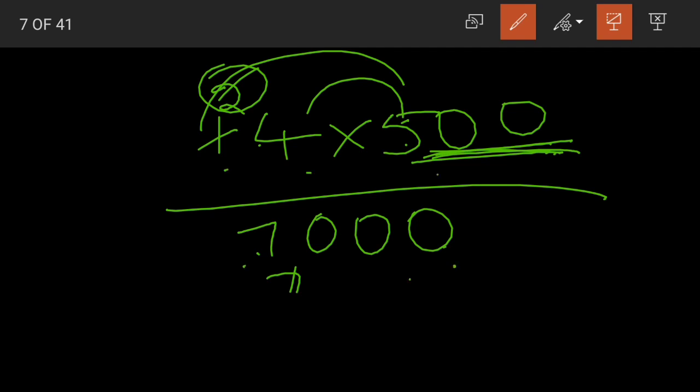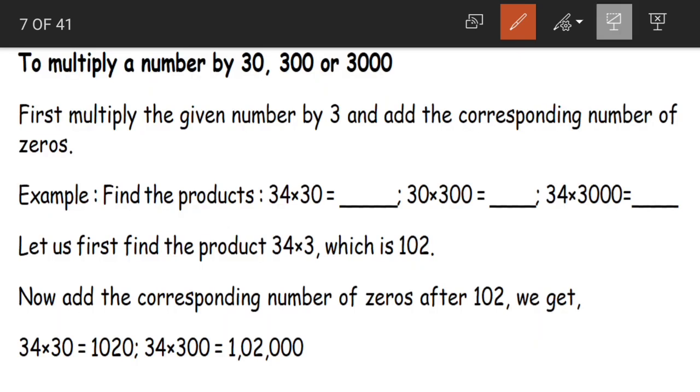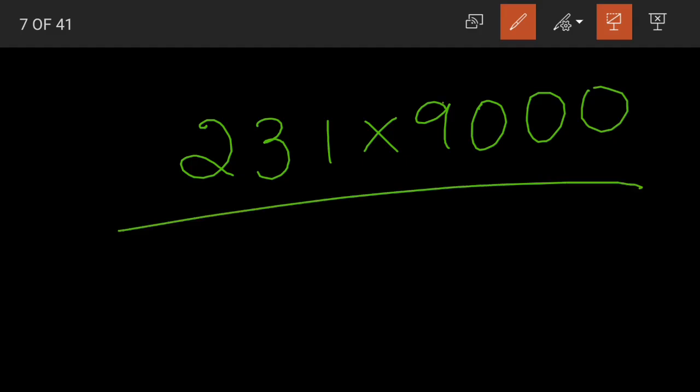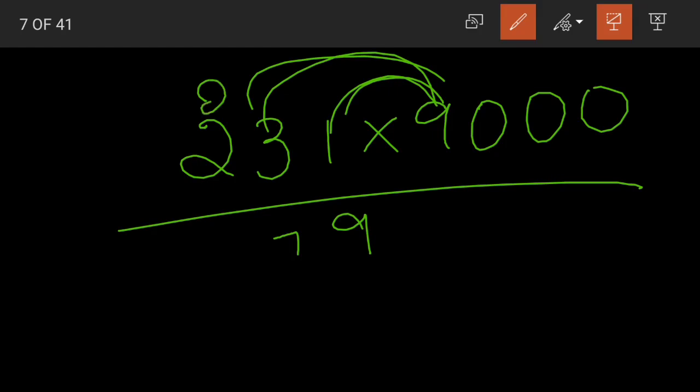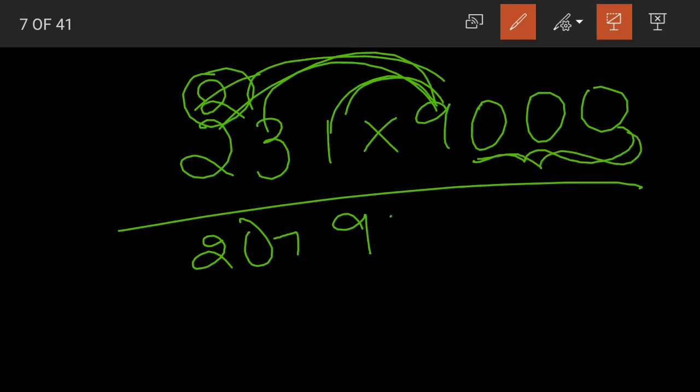Clear? 14 into 500 becomes 7000. Or say 231 into 9000. Again multiply 9 first. 9 ones are 9, 9 threes are 27, 2 carried, 9 twos are 18 plus 2, 20. Now after 9 we are having 3 zeros here. So placing 3 zeros to the right of the product.